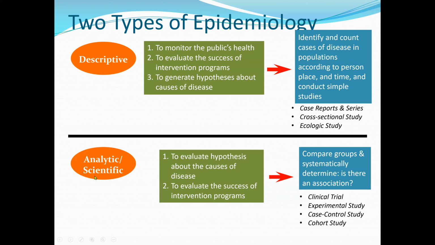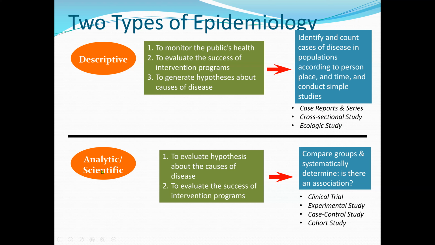Also, for analytic or scientific epidemiology, the main goal is to compare groups and systematically determine if there's any association or relationship or even a causation between the exposure and the outcome or the risk factors and disease.